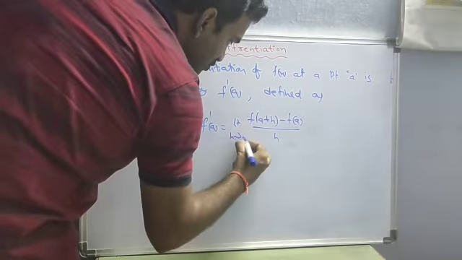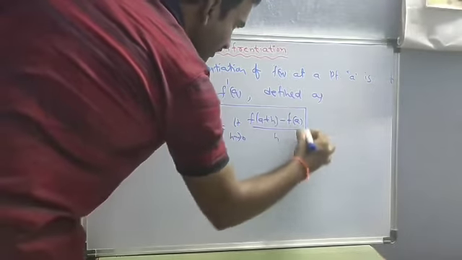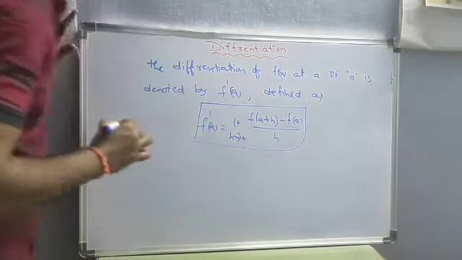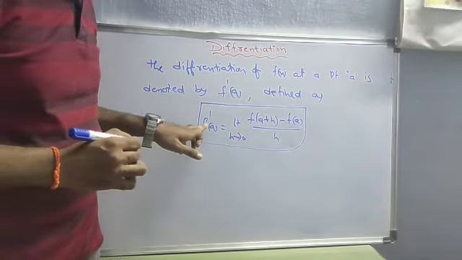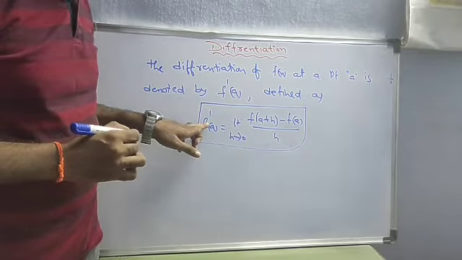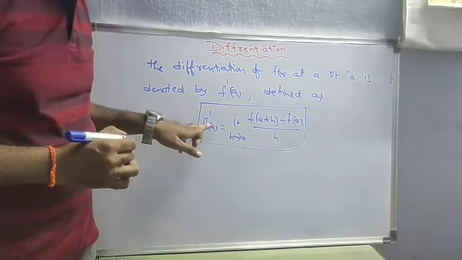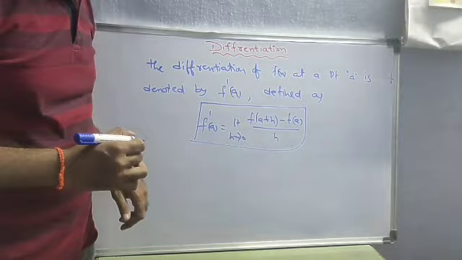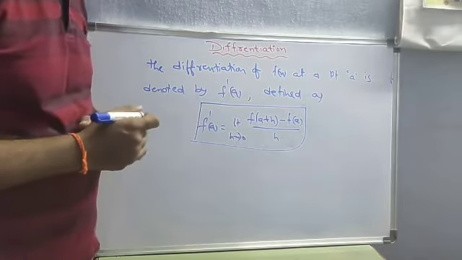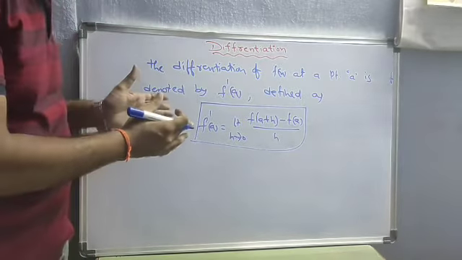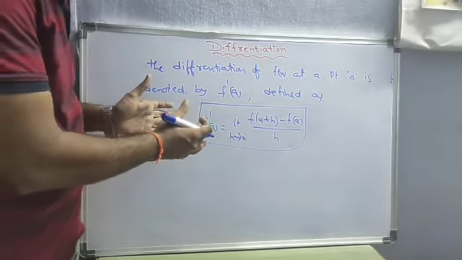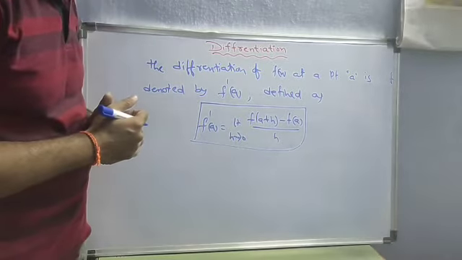At one point, the differentiation of y or f of x is denoted by f dash of A at that point. If you fix one point, at that point we can calculate the differentiation value like this also.